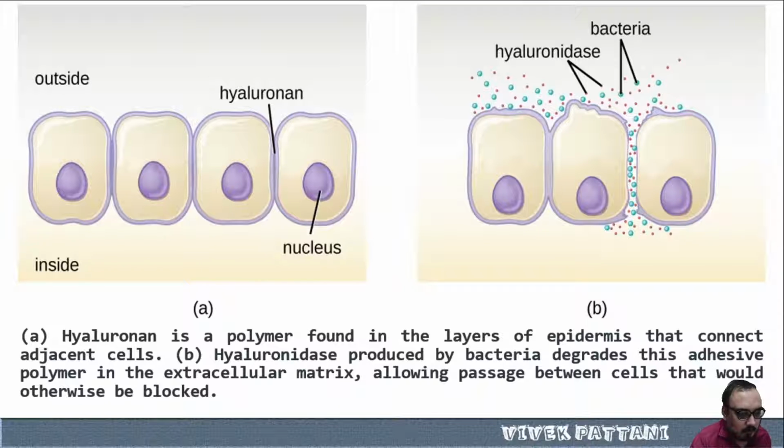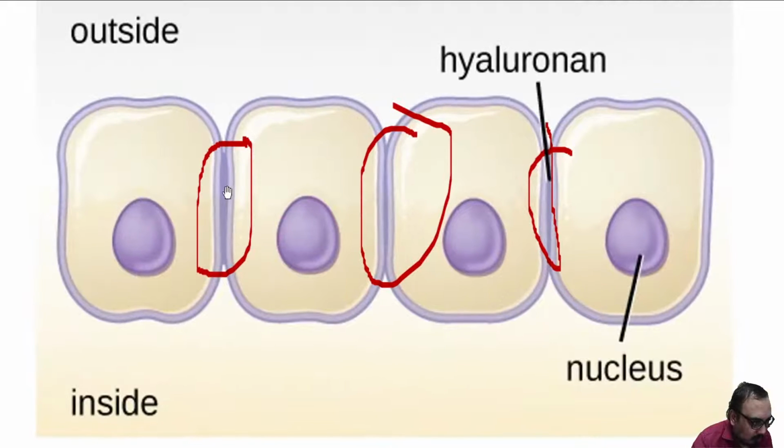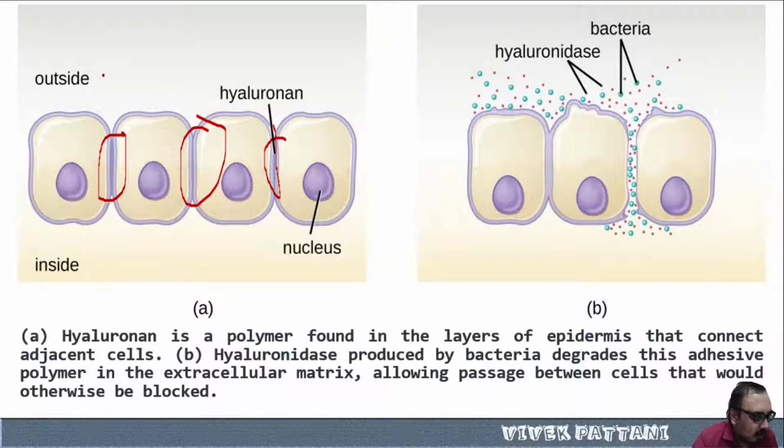Let's have a look at the diagram given here. In this diagram, this one here is hyaluron, or hyaluronic acid, inside and outside of the cell.